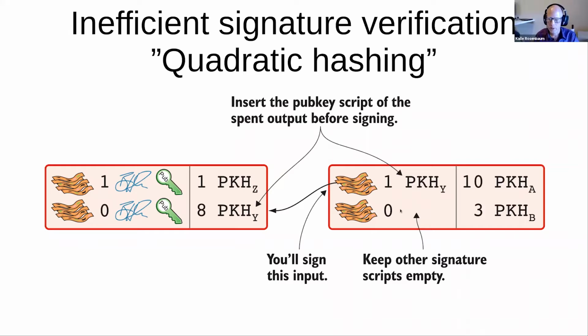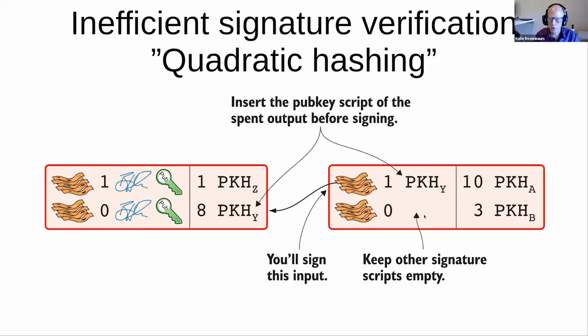The whole story is that when you clean this and then do what I just said, you create all signatures and put the signatures into the inputs. If these two inputs would spend outputs to the same public key, you could then reuse one signature for this input and reuse it on this input.